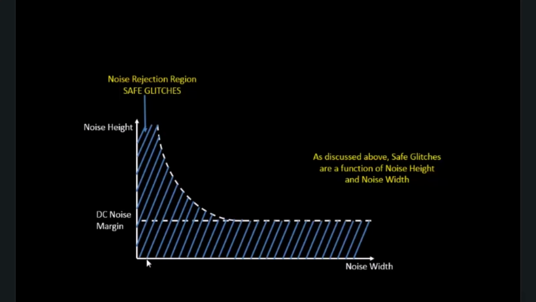Now for example, if you have a glitch of this height and this width, the width of this glitch is crossing the AC noise margin, so that will be considered an unsafe glitch. Let's color the area for unsafe glitches as well.